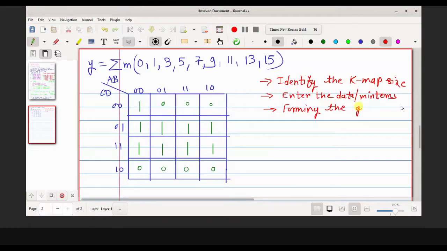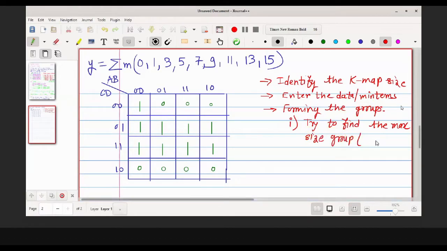We are going very stepwise so that you will not have any troubles. In forming the groups, the very first task you need to do is try to find the max size group.